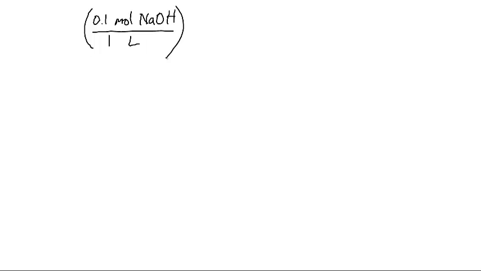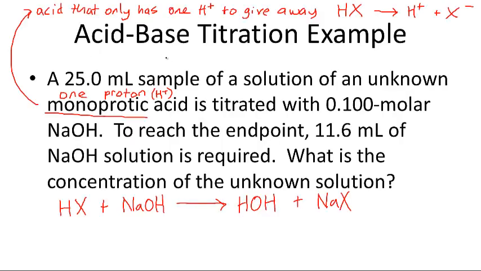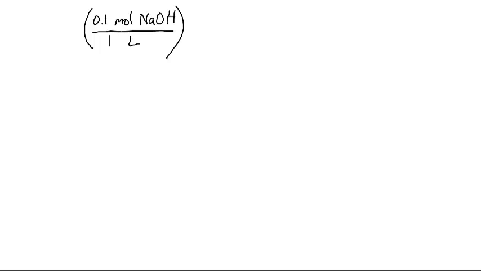And then I'd say, all right, well, if I want to get to moles, how many liters of solution did I use? I used 11.6 milliliters. So say 0.0116 liters of solution. So I multiply those two, I'm going to get the number of moles of NaOH. What I want is the moles of HX.